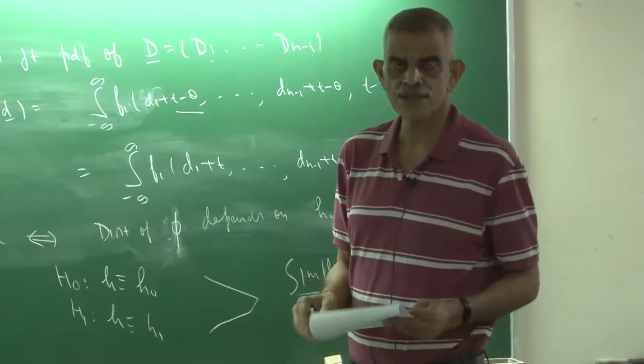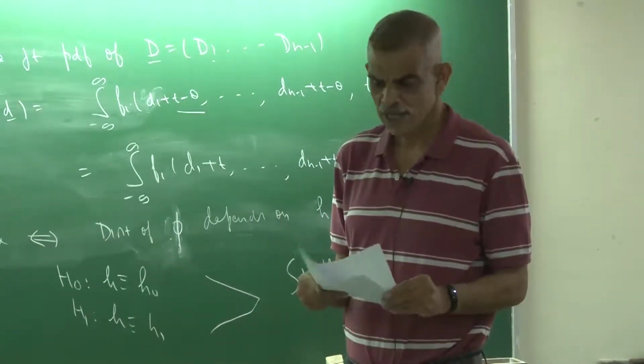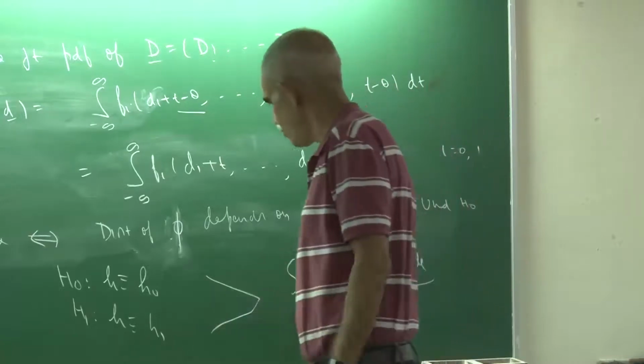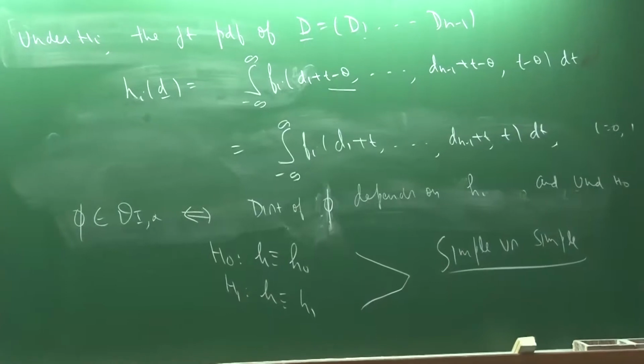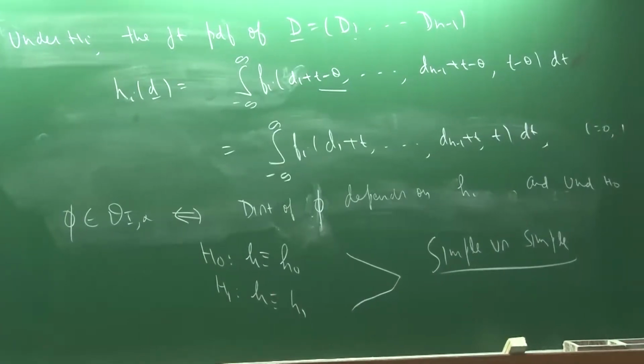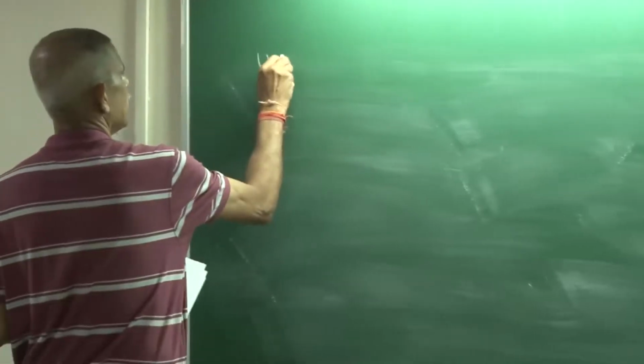So one can talk about a uniformly most powerful alpha test. So what is the UMPI alpha test?